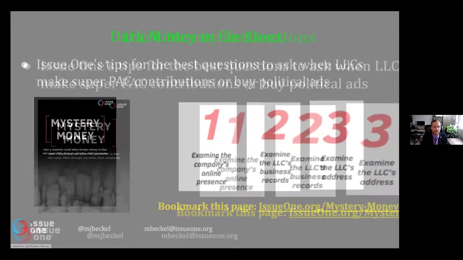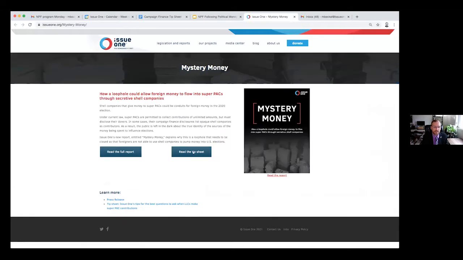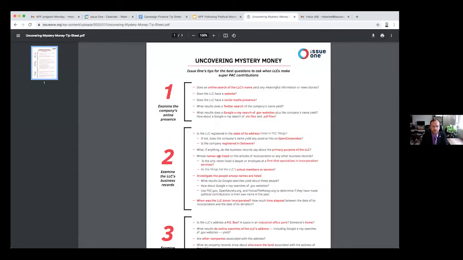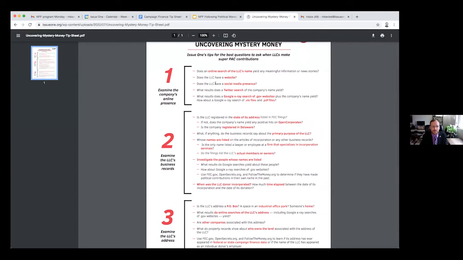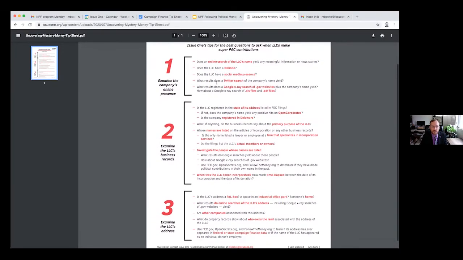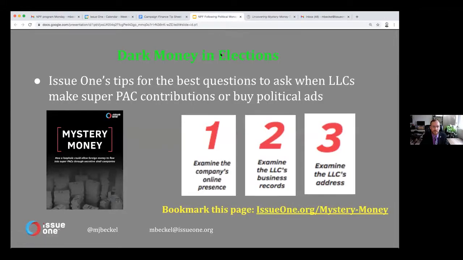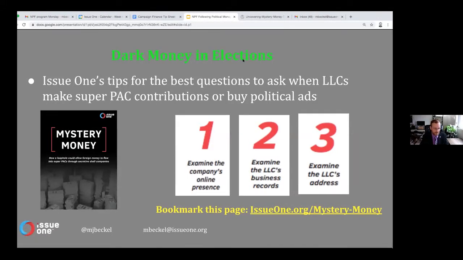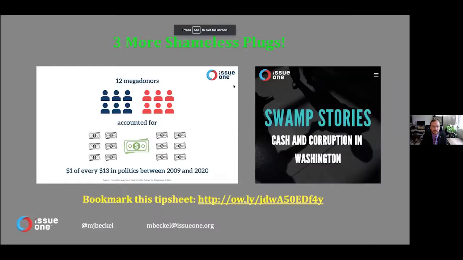And there's a really great spreadsheet, and tip sheet rather, that I put together as part of that report that you can see here. Again, it's linked in the slide deck that you'll be getting from folks. But this is a tremendous research vein to try to really track down anonymous money in our elections.